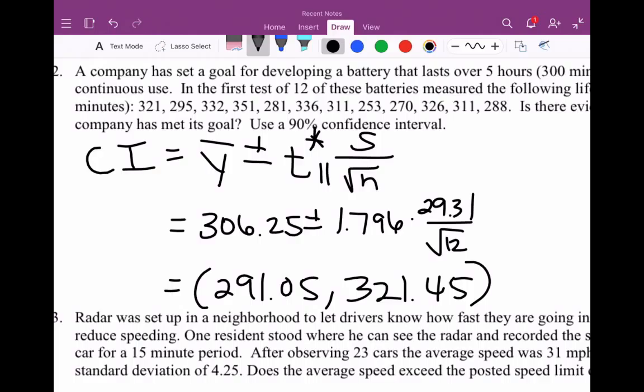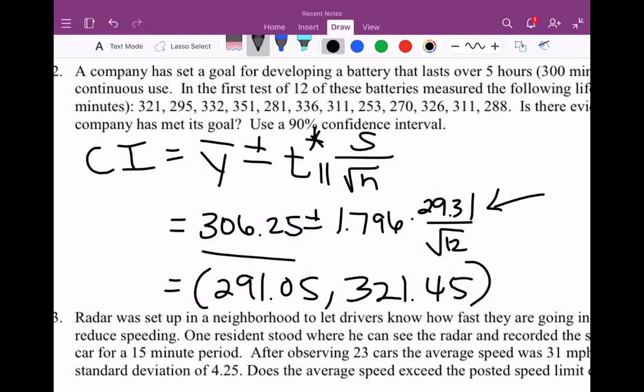Once again, the 11 means that we have 11 degrees of freedom, so that's one less than our sample size. I found that from the back of the book in the table, and I got the mean and the sample standard deviation from our list of data.